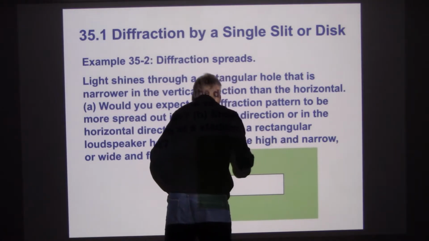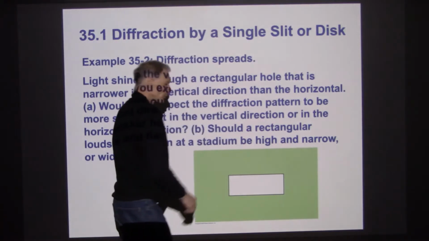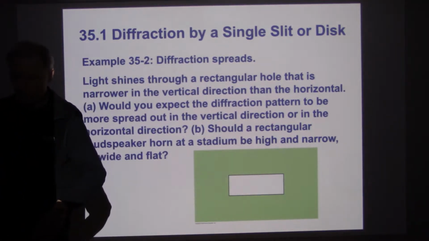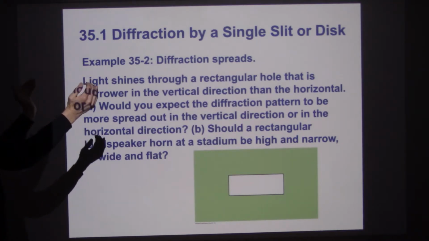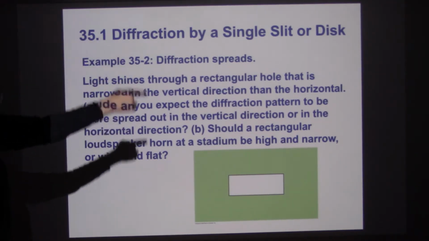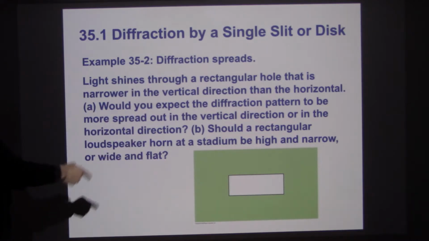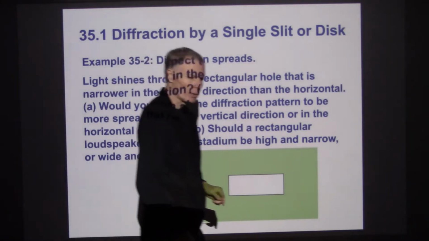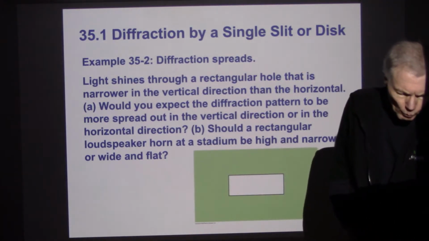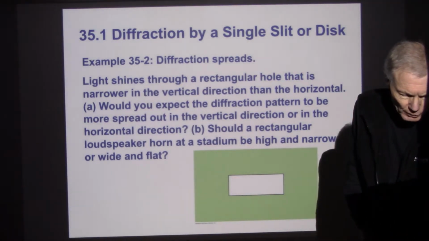So what happens is we'll end up with some kind of a rectangular central maximum, and then it will be surrounded by these fringes that wrap around that rectangle. So that's what we're guessing here as far as what the interference pattern would look like.